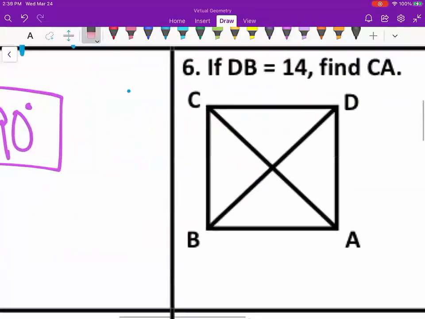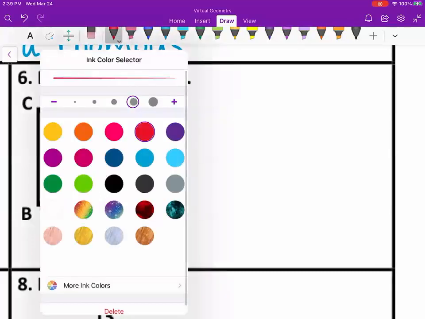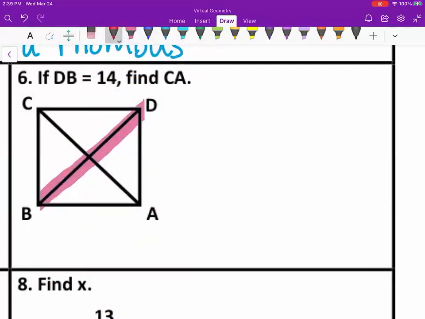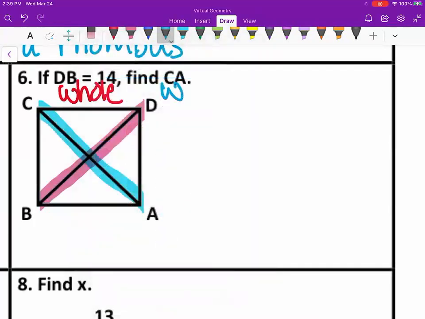All right, let's check out the next one, example 6. If D to B is equal to 14, so that is a diagonal. It is the whole way across, just like we looked at with parallelograms and rectangles. We need to find C to A, which is also the whole entire way across.